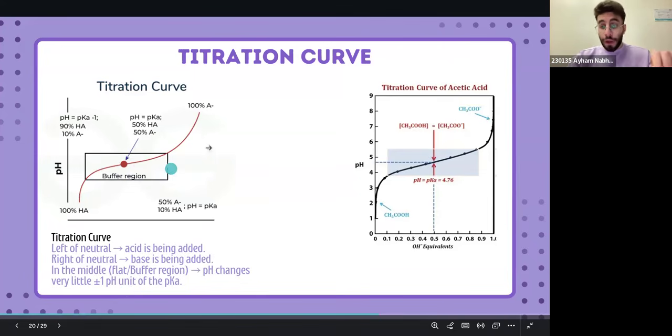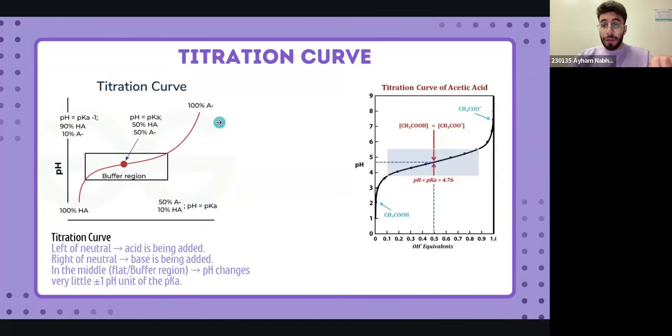But once we go to the right, meaning we are increasing the concentration of A, which is the base, that would make the titration curve more basic. That would make the amino acid more basic. So once we go to the right, the base is going to be added, making the amino acid basic or alkaline.